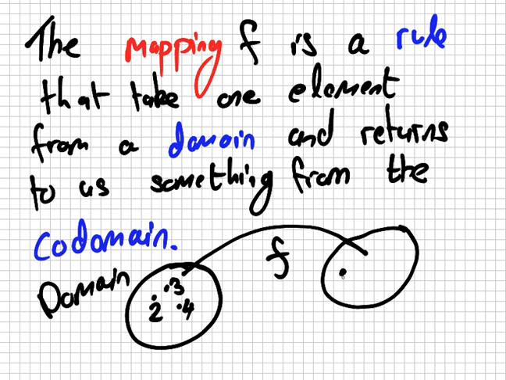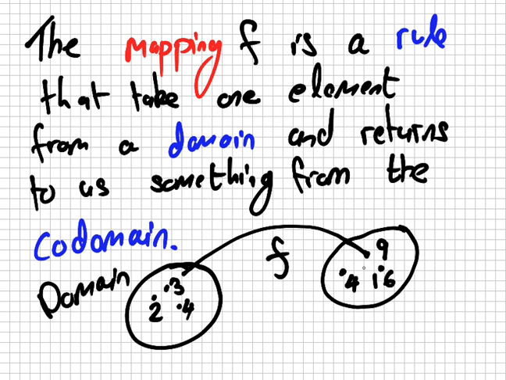In this example, maybe the 3 gives me a 9, the 2 gives me a 4, the 4 gives me a 16. What is this function? It's the squaring function.